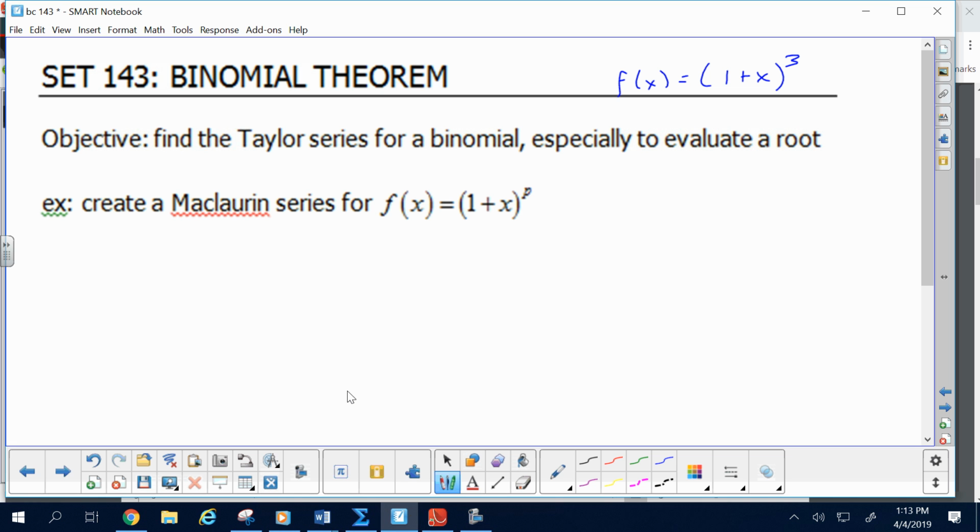It's already a polynomial. Now, that said, you could take derivatives and all that stuff. And once you did your Maclaurin, what would it look like? It would be that, expanded. It would be 1 plus 3x plus 3x squared plus x cubed. Now, the point I'm trying to make is you wouldn't use a Maclaurin to model this kind of binomial because it's already a polynomial.